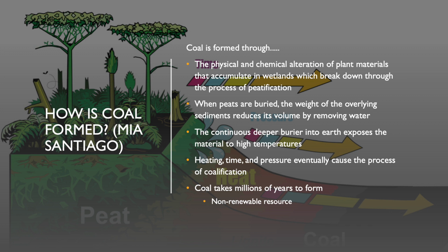This then creates a continuous deeper burial into the earth, exposing the material to extremely high temperatures. Heat, time, and pressure eventually cause the process of coalification, which is the process that creates coal. In addition, coal takes millions of years to form, making it a non-renewable resource. As you can see in the photo behind the text, you start with peat, and then through time, heat, and pressure, it is turned into coal.